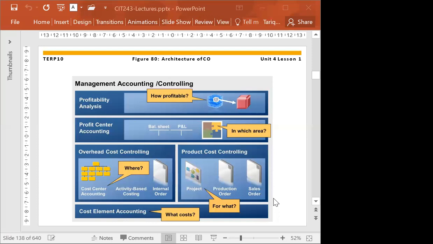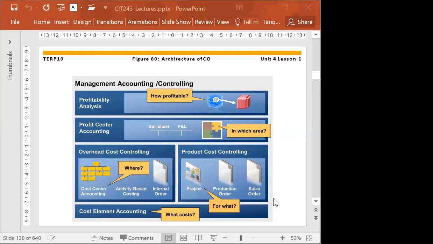Okay, for example, we have different departments: CIT department or computer science department or business department, human resource department, purchasing department, or you can say that we have sales department. Now, these different departments have their own budgets.